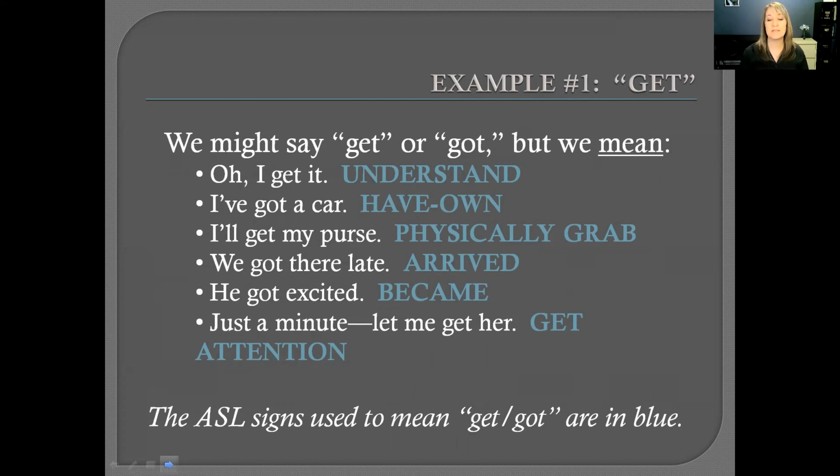I'll get my purse. That means to physically grab something. We got there late means we arrived. He got excited means he became excited. He went from one stage to another stage. Just a minute, let me get her. That means let me get her attention. That doesn't mean like physically grab her or some of these other things, right? It means to get her attention.